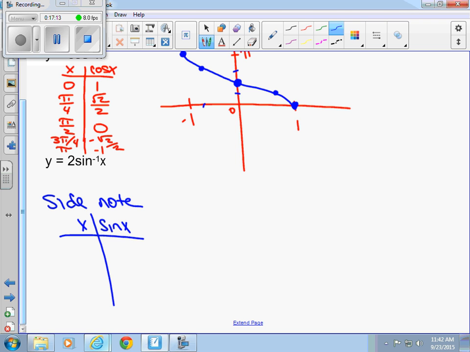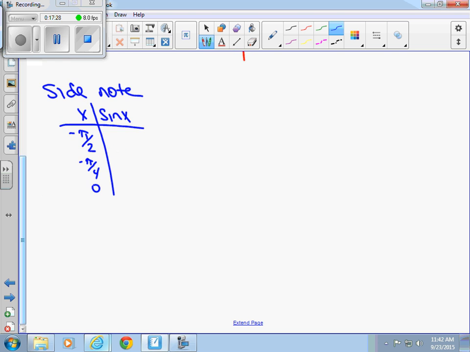We do know that sine inverse is defined from negative pi over 2 to pi over 2. So I'm going to pick some unit circle values between negative pi over 2 and pi over 2, as many as you want, in the first and fourth quadrants, and find out what the sine values are.